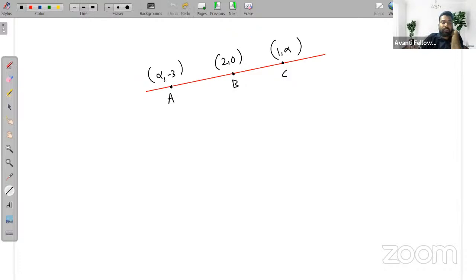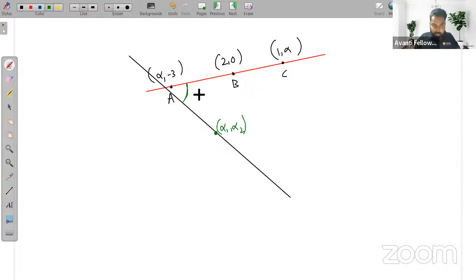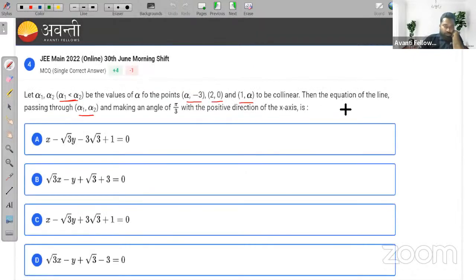It is given that it's passing through a point alpha 1, alpha 2, and it is making an angle pi by 3 with the positive x-axis.